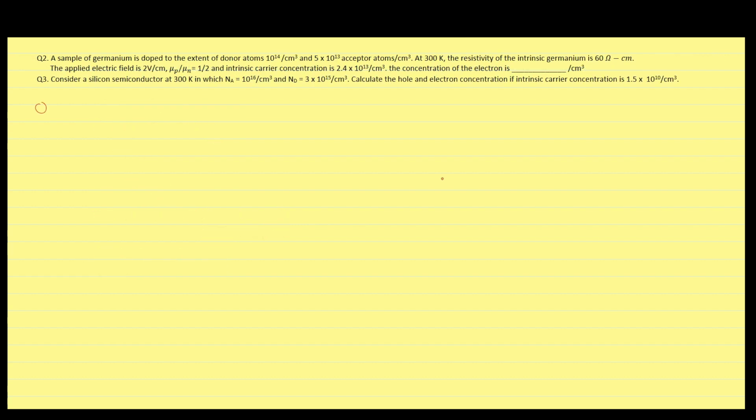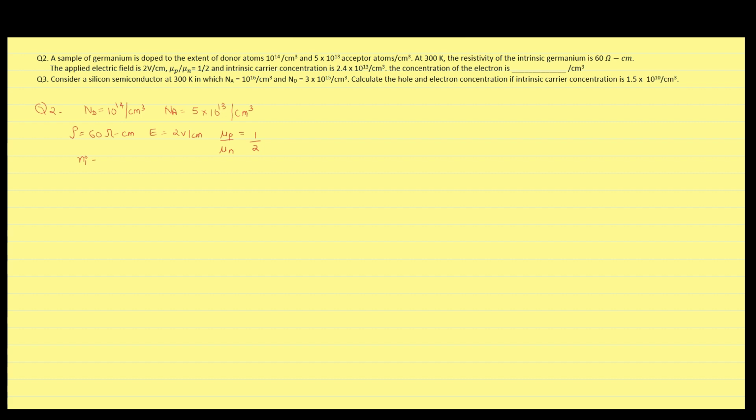For question 2, we have doping concentration 10 raised to the power 14 per centimeter cube, acceptor concentration 5 into 10 raised to the power 13 per centimeter cube, resistivity is provided 60 ohm centimeter, electric field is provided 2 volt per centimeter, and the ratio of mobility of hole to the mobility of free electron is 1 by 2.